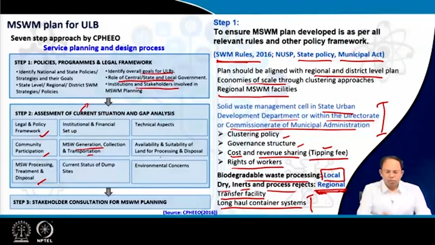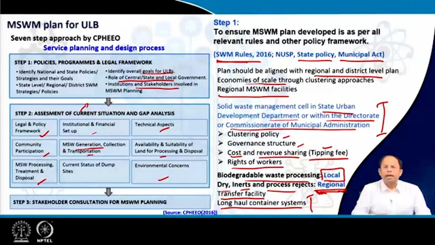Then availability and suitability of land for processing and disposal. Is there land available to set up new facilities at all? Current status of the existing landfill sites, or not sanitary landfill but standard dump sites. Environmental concerns, technical gaps, and institutional and financial setup and the gaps in those, right? So these are all the gaps that we need to study.